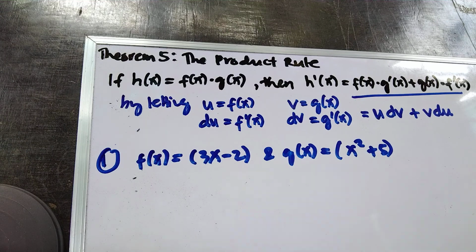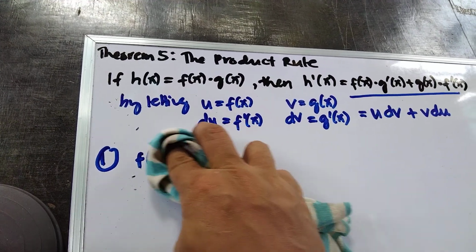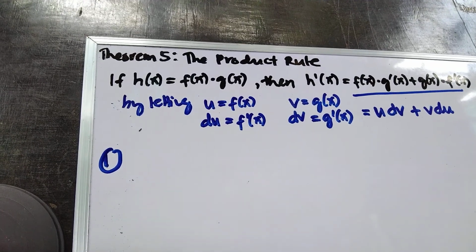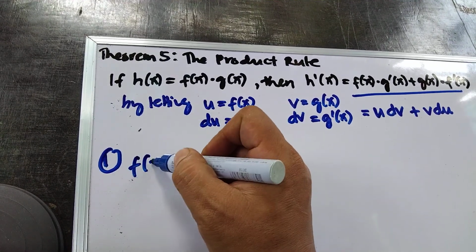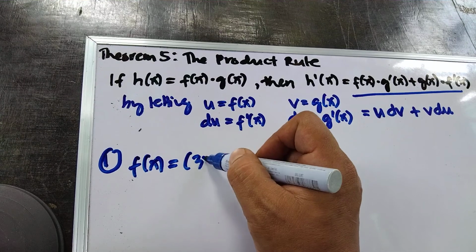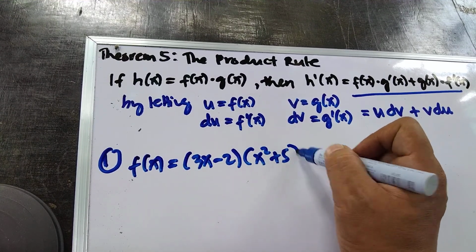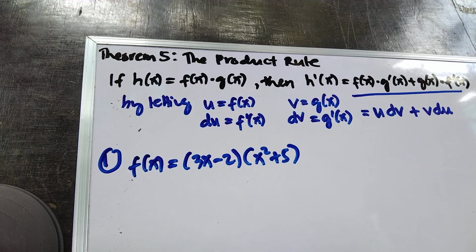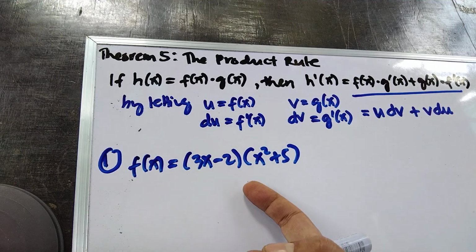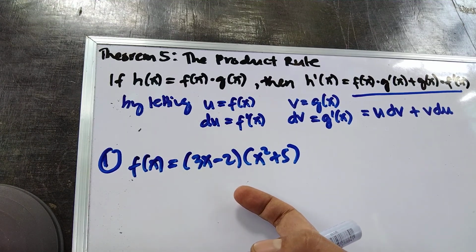Now, let's change that one. Instead, suppose we have f of x is equal to 3x minus 2 times x squared plus 5. That's it. Okay, find its derivative. Since this is a product, you can obtain its derivative.